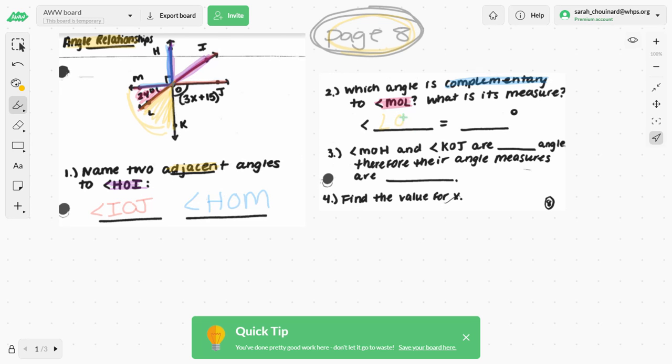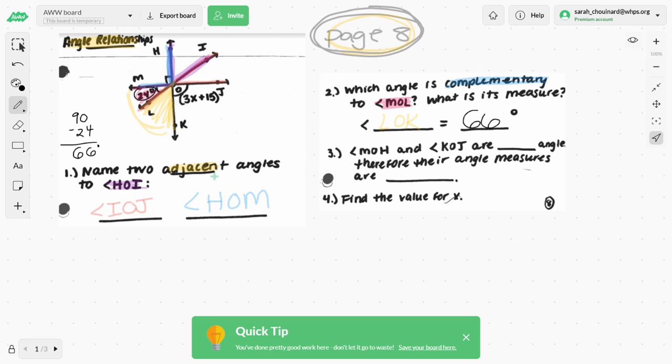And to calculate how big angle LOK is, we are going to do 90 degrees, take away the 24 that is already there. And so that's going to give us 66 degrees. So 66 degrees is the measure of LOK.